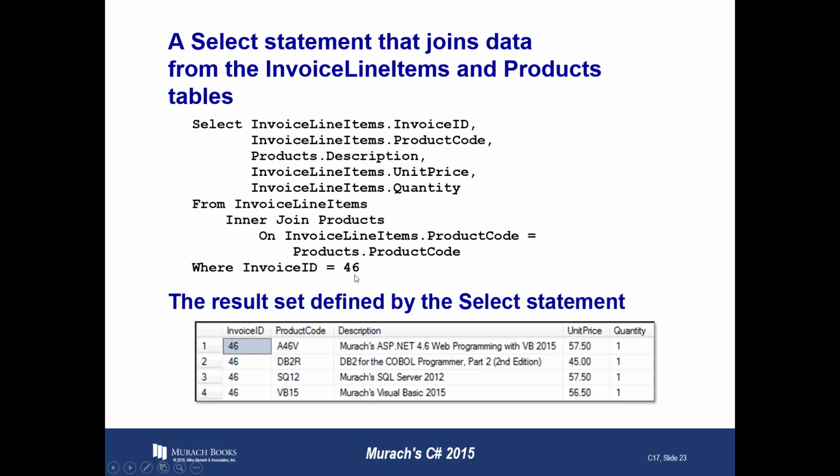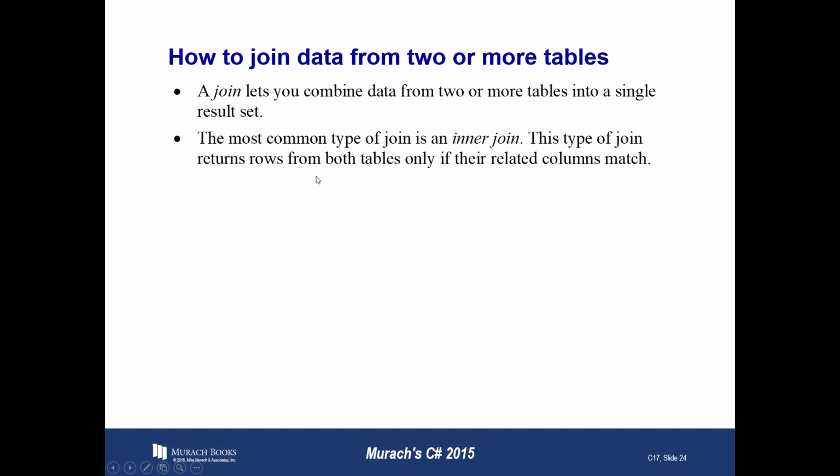And then from the products table, we want the description. And then from the invoice line items table again, we want the unit price and the quantity. So it looks like what we're looking for is everything that's involved in invoice ID 46. And to do that, we had to combine information from two different tables.